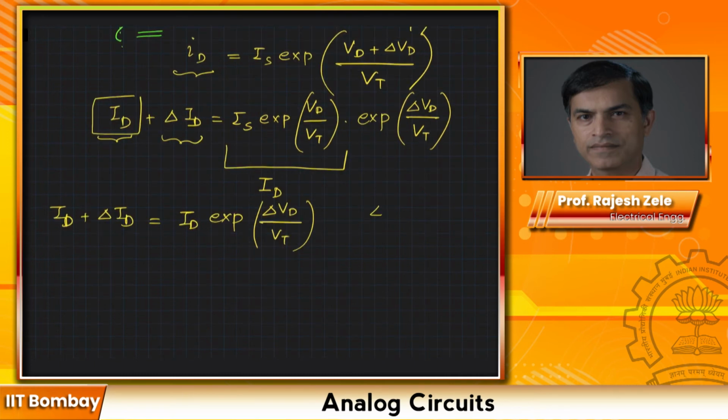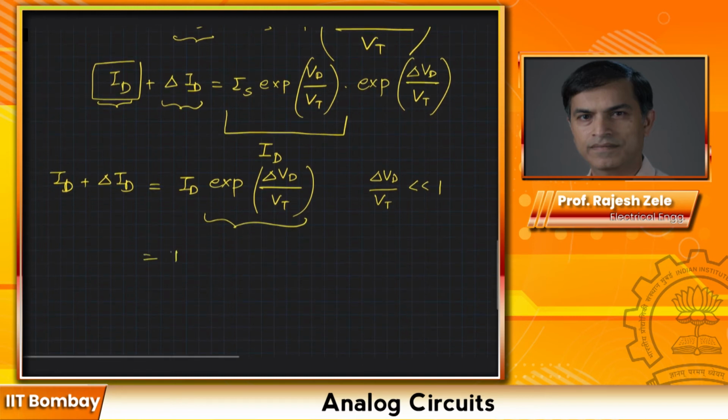We will assume that delta Vd is a small signal parameter, so delta Vd divided by Vt is much less than 1. Okay. Under that assumption, we can simplify this exponential as ID times 1 plus delta Vd divided by Vt. So it's an approximation. Okay, and here we have ID plus delta ID.